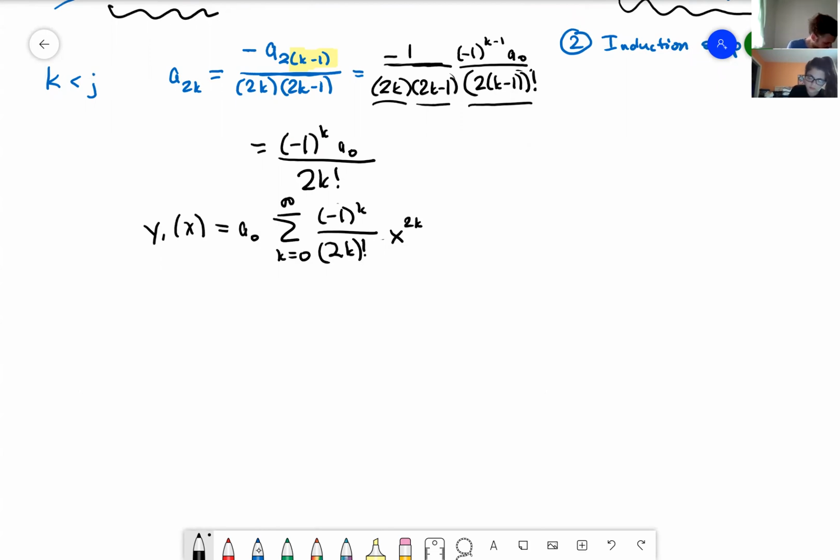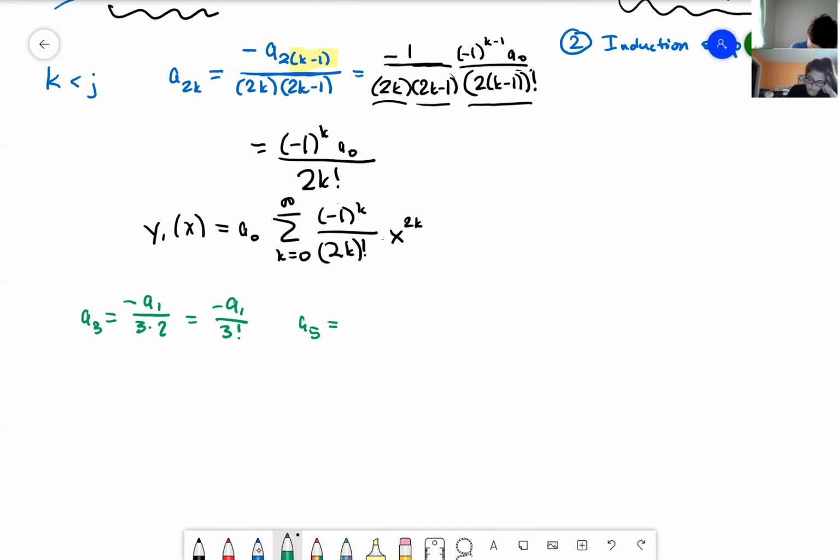Now we can do the exact same thing for the odds. So if we start off with a1, and we get that, switch to green. A3 is equal to minus a1 over 3 times 2, which is negative a1 over 3 factorial.